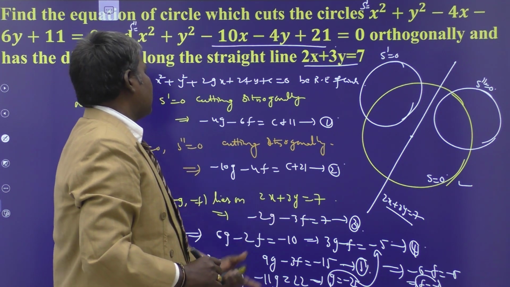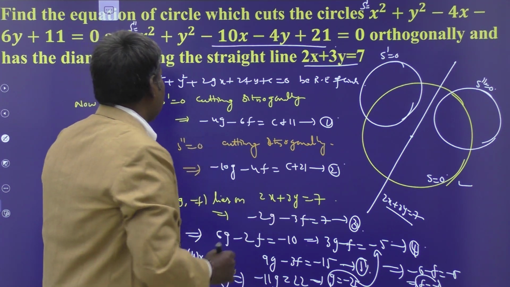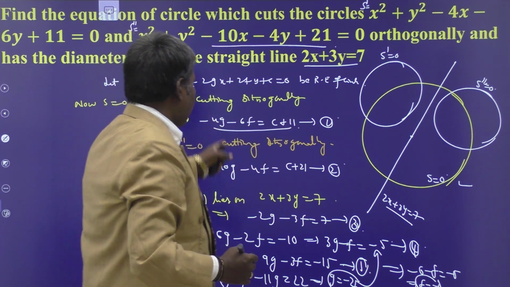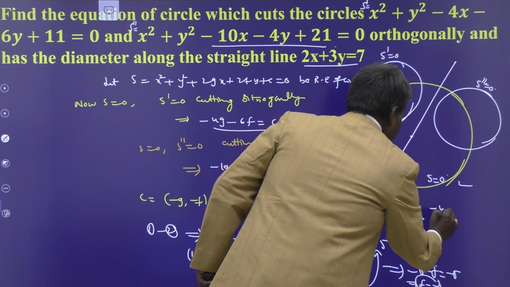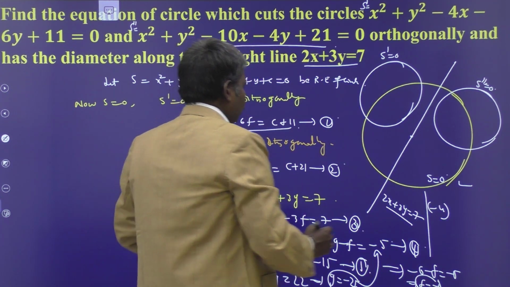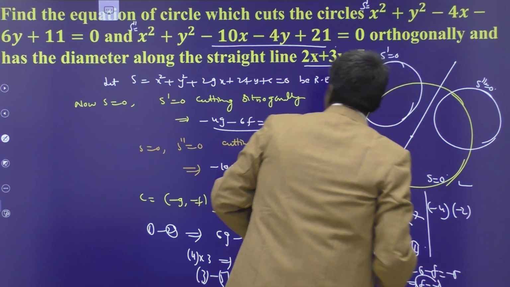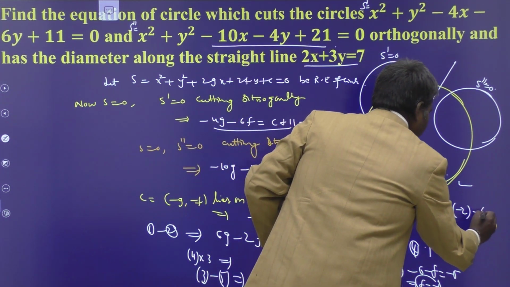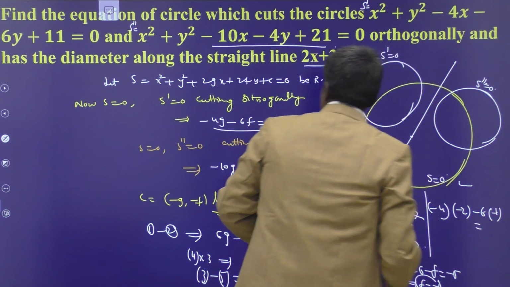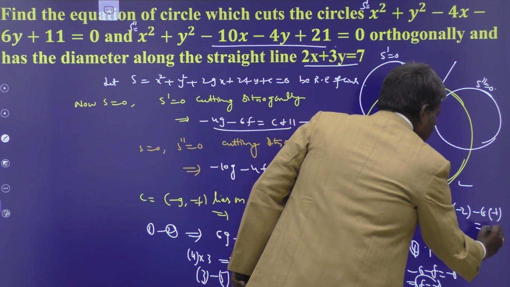So substitute g, f in any equation having c here itself. Substitute that one. Minus 4 into, what is our g value? Minus 2. Next minus 6 into, what is our f value? Minus 1 is equal to c plus 11.